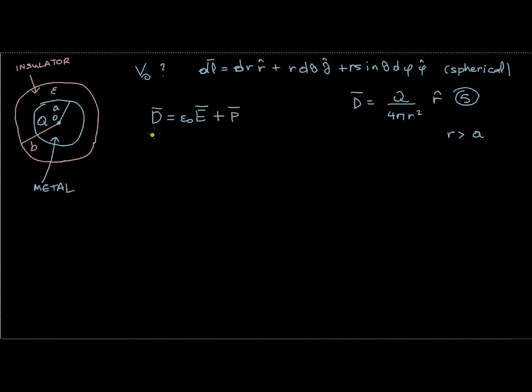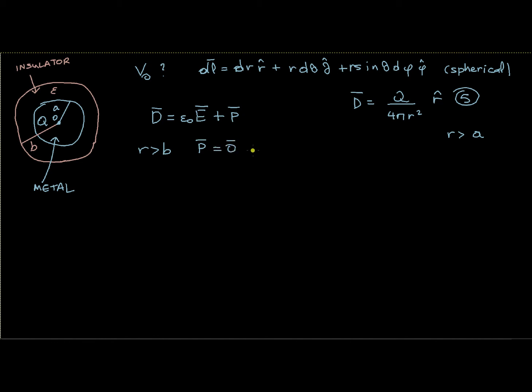Now for r greater than b, meaning when I'm outside the insulator, of course there is no polarization because I don't have any material. There is no insulating material, there is no dielectric.